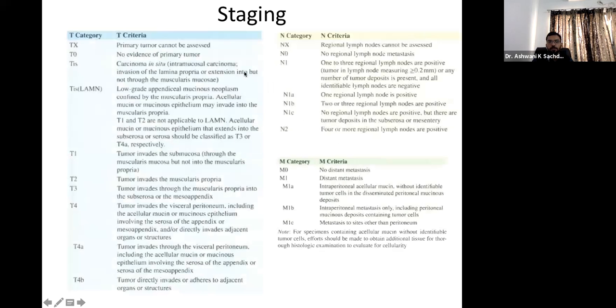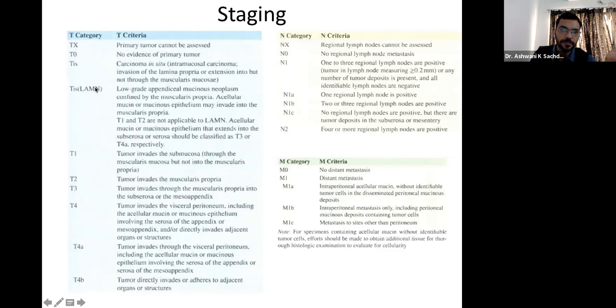So staging for appendiceal carcinoma is carcinoma in situ. TIS is intramucosal carcinoma with invasion of lamina propria, but not through the muscularis mucosae.